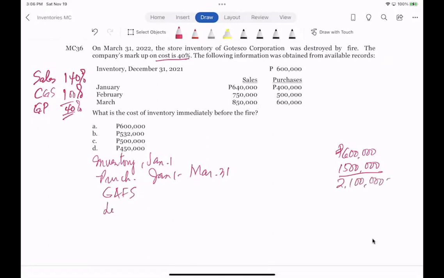Deduct cost of goods sold. Your sales for this period. So we have 640 plus 750 plus 850. So that's 2,240,000. So 2,240,000, the markup is based on cost. Divide it by 1.4.